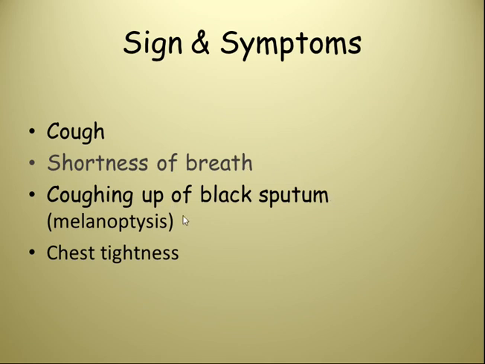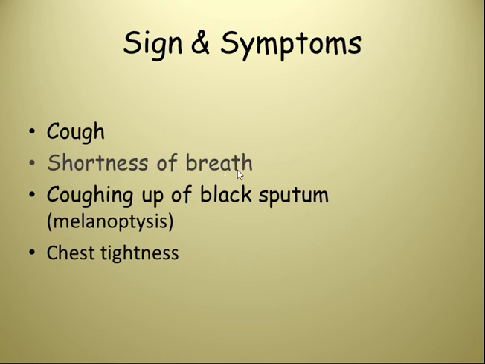This kind of black sputum is known as melanophthisis. Melano is a prefix that is used to refer to something that is black in color. Phthisis is the suffix for the phenomenon of cough. So melanophthisis means coughing of a black sputum. Additionally, since there is a problem of the lung, there obviously would be a shortness of breath.